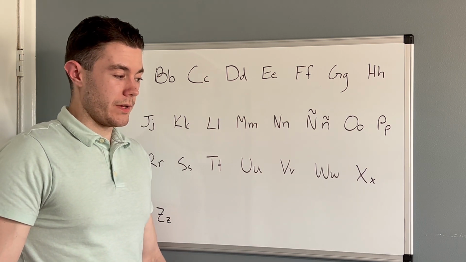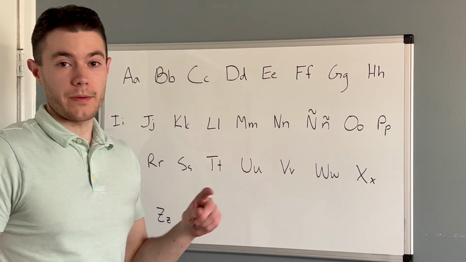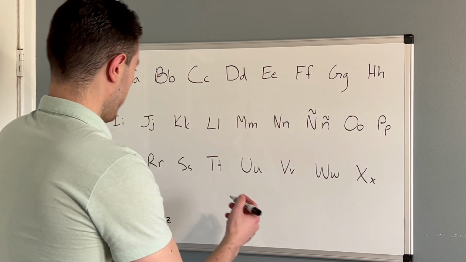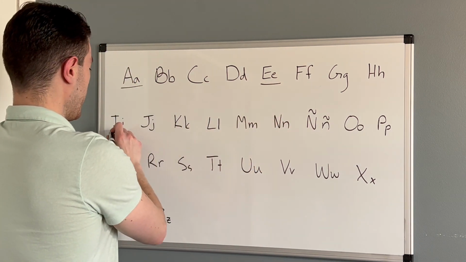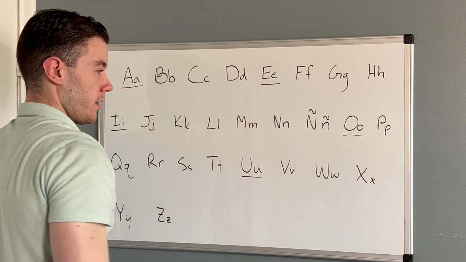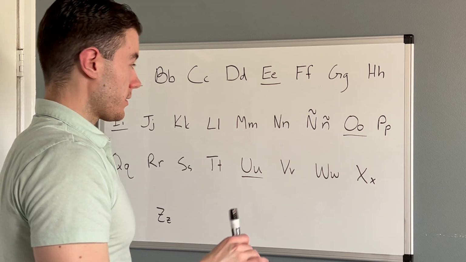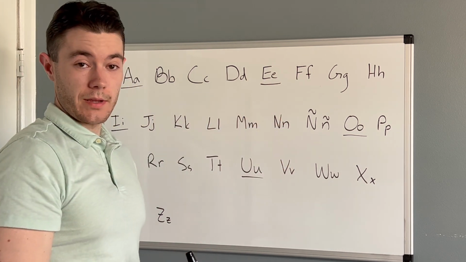In Spanish, there are 5 vowels, 5 letters, and each one makes one sound. So the 5 vowels are a, e, i, o, and u. That's exactly how they're pronounced. And those are the sounds that they make in any word.